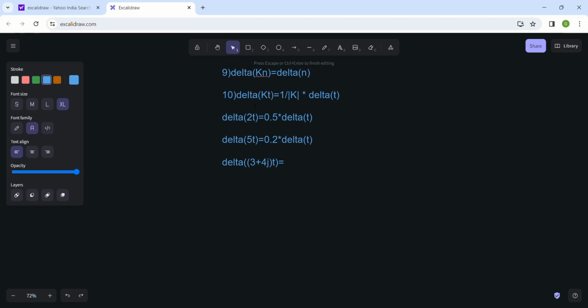I already told delta of kt means 1 by mod k. That means here the modulus is root over 3 square plus 4 square.